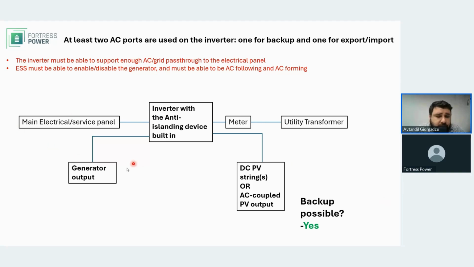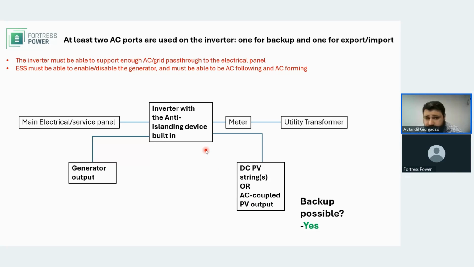Also, you have the generator connected to this inverter, which implies right away that the inverter must be able to turn on the generator and, when the generator is running, become AC following rather than AC forming. You also have AC coupled PV input capability here, which also implies that obviously you have batteries, you have AC coupled PV. This means that you can be grid forming. So instead of multiple different devices, you have an inverter doing it all.